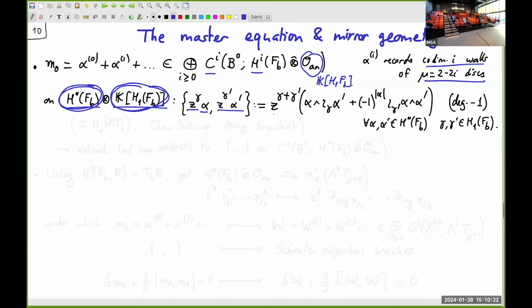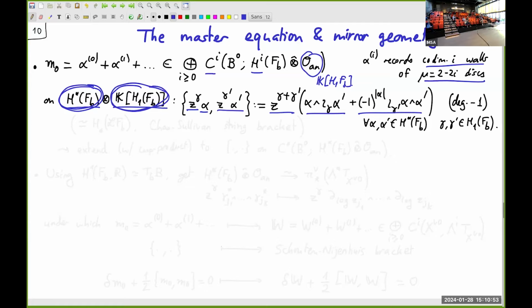So the normal product would be z to the gamma plus gamma prime times alpha wedge alpha prime. But instead of doing just that, I am going to do the interior product of gamma, so the exponent of the monomial for alpha, into the class alpha prime. And then I will skew symmetrize or symmetrize, depends on what you mean by that. Okay. So this is a degree -1 bracket.